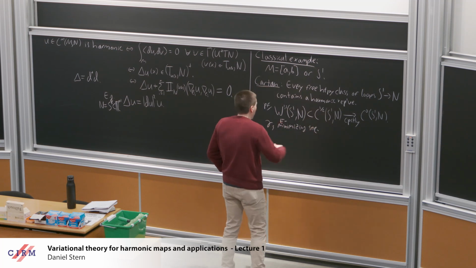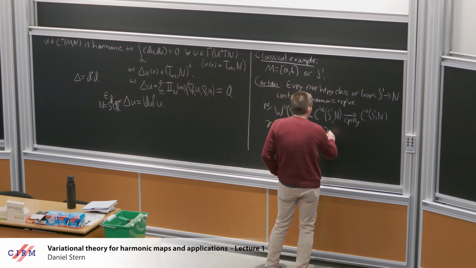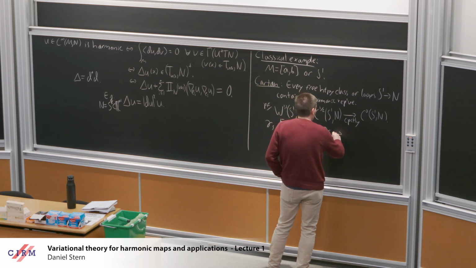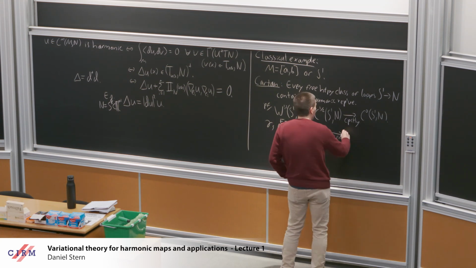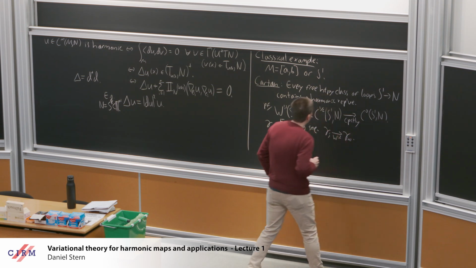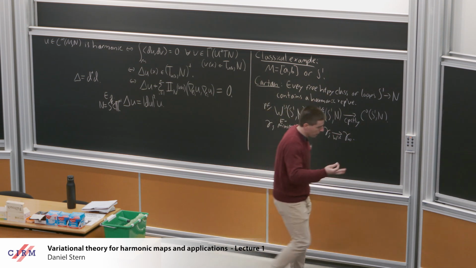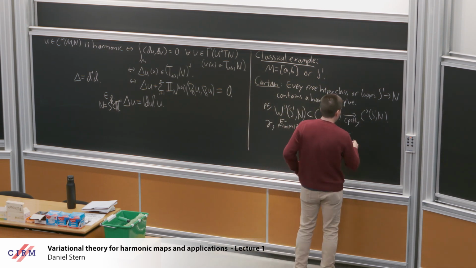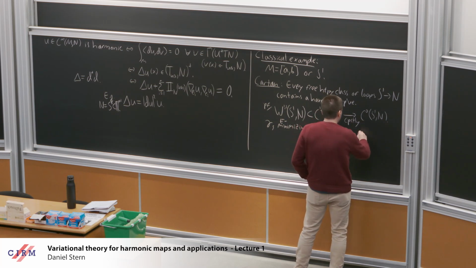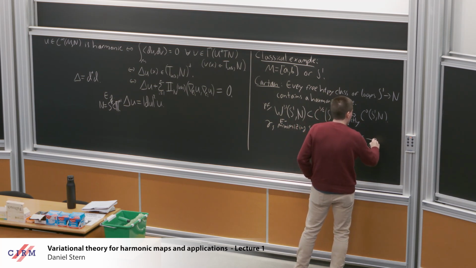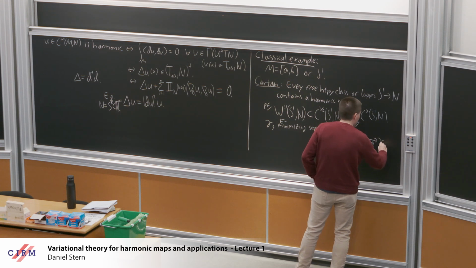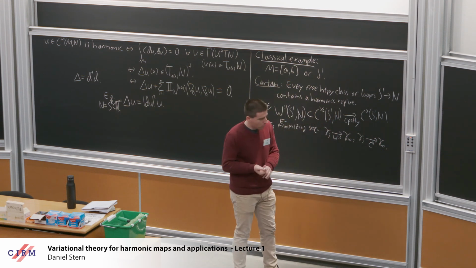We know by Banach-Alaoglu that it converges subsequentially, weakly in W^{1,2}, to some loop. Also by Arzelà-Ascoli, if we pass to a further subsequence, we have C^0 convergence. So we get a loop in the homotopy class.